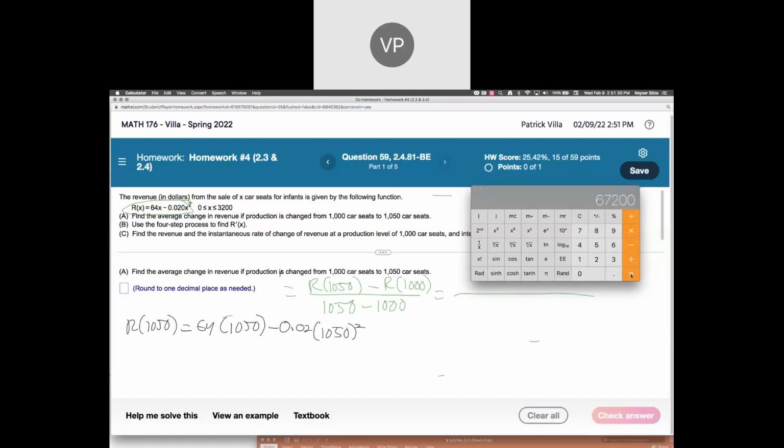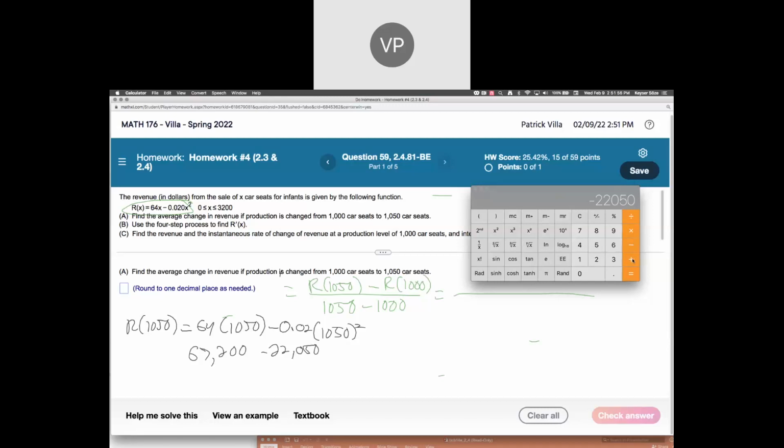This gives us our 67,200. And then we're going to take 1050, square it, and then multiply it by 0.02. We get 22,050.